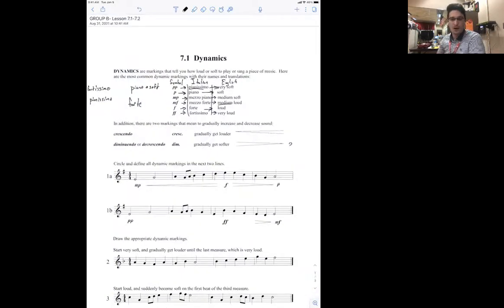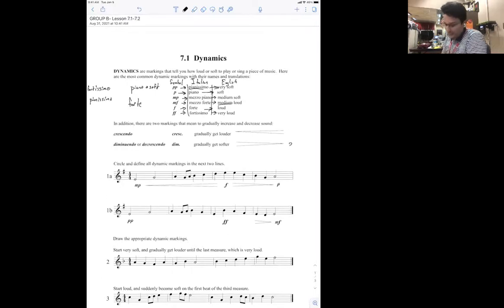Now, whenever we go from one dynamic to the next, sometimes it's an immediate shift where we're going straight from forte to very soft, so pianissimo. And other times we take some time to gradually move from one dynamic to the next.